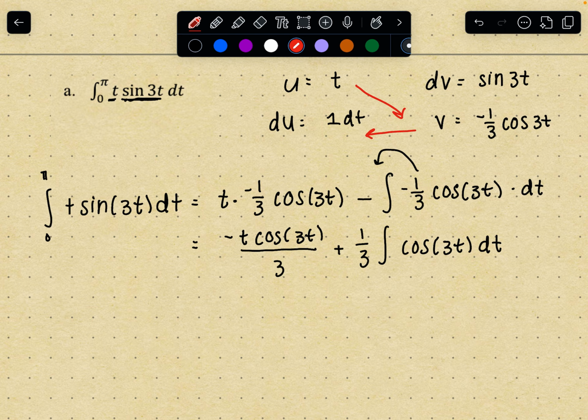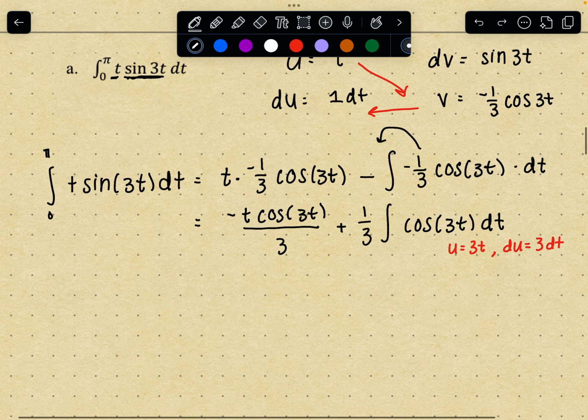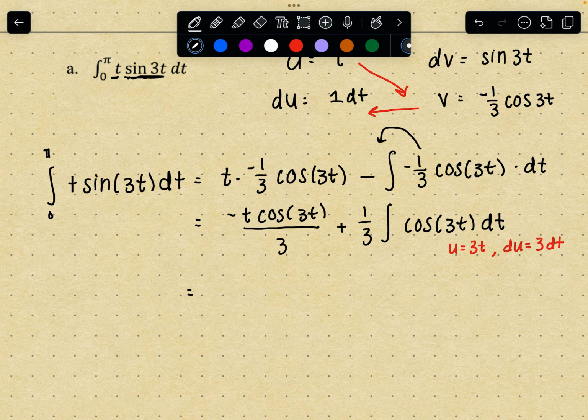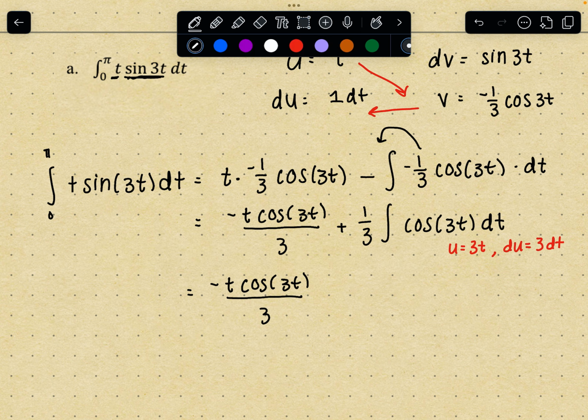It's the same thing where you pick u to be 3t, which makes du 3 dt. Let me skip over that because I already showed you how to do it with sine. It's very similar with cosine. So, all right, let me copy paste this. We get plus 1/3.